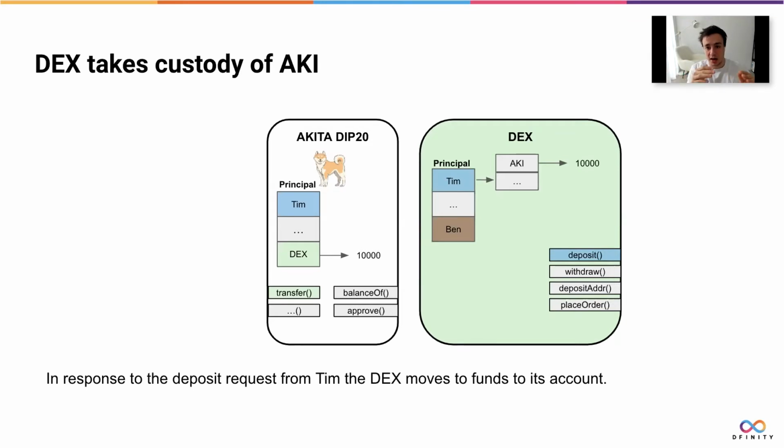So our mechanism works by giving the DEX custody of our funds. The DEX has control over all the tokens, and we can then make use of the synchronous execution of the canister itself, and do all the trades on the DEX.